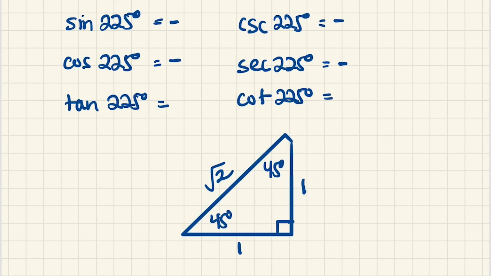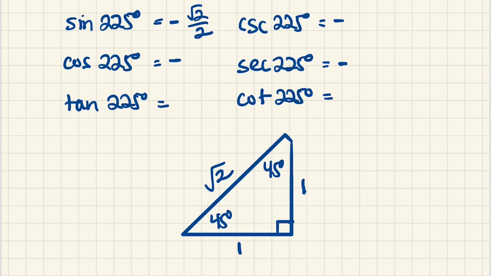So now we can read off, say, sine of 45 degrees, which is opposite over hypotenuse, so that's 1 over root 2, which means that sine of 225 degrees will be negative 1 over root 2. Except, of course, we want to rationalize that, so we'll write it as root 2 over 2.